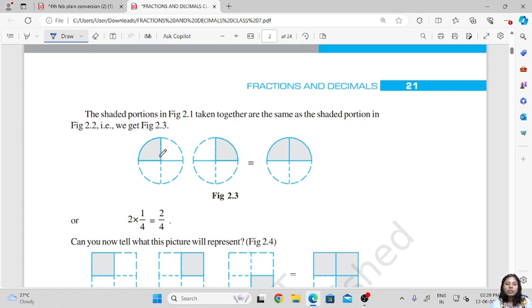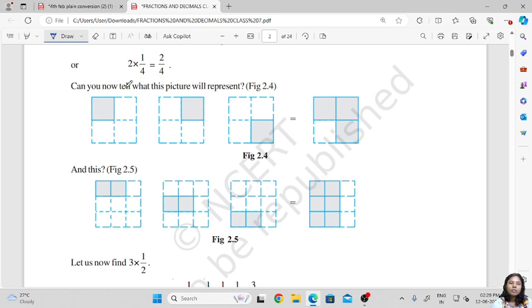So we get figure 2.3. If I have to write this, again there are 1, 2, 3 and 4 parts. This is equal to 1 upon 4, and again this equals 1 upon 4. So together this will be equal to 2 upon 4.